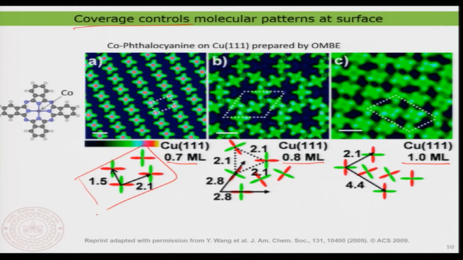You can see here the first pattern is again a phthalocyanine molecule, but the central metal atom is cobalt in this case, that is the only difference.